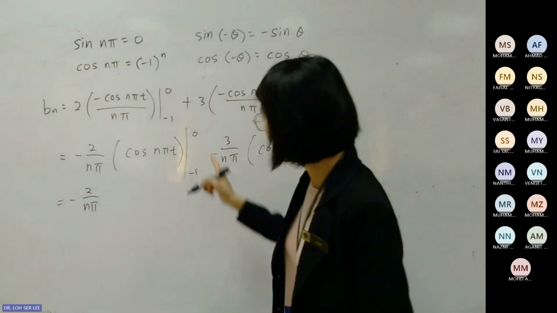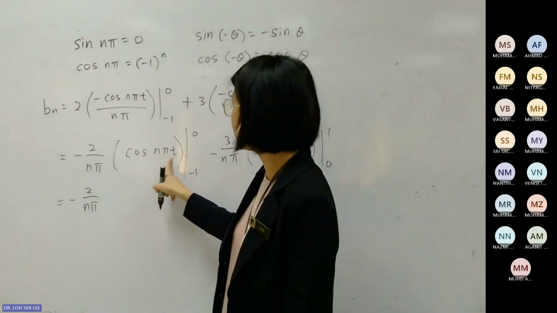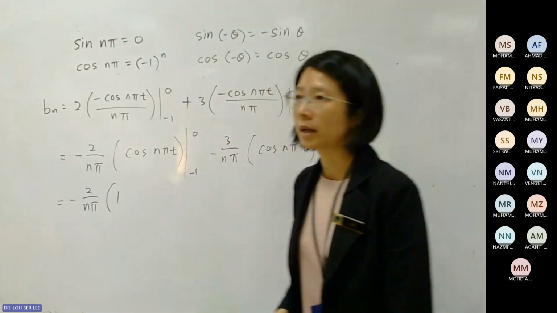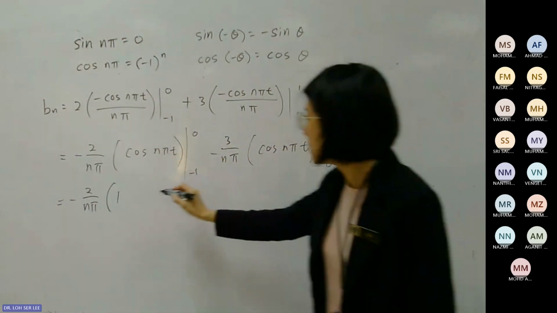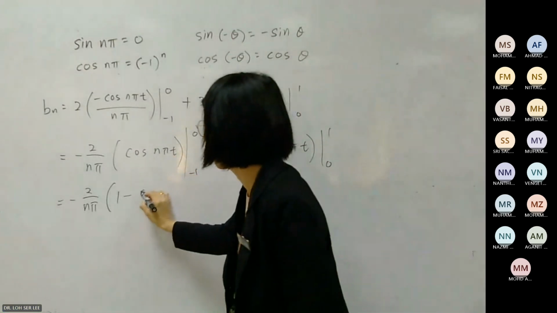Now when 0 is substituted into this t, cos 0 is 1. Minus, -1 is substituted into here. What do you have?